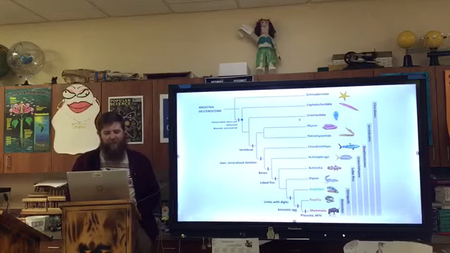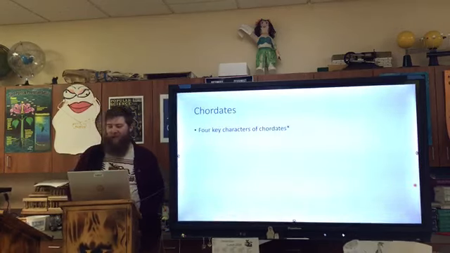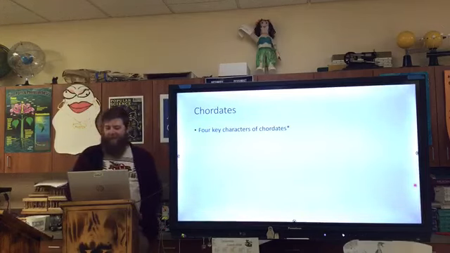All right, so here's your tree here. We're all the way down here at the bottom, Mammalia. Moving all the way back up, we have the Echinodermata out here. Our deuterostomes. We get all of our things that make us a chordate here. These guys are very closely related, and these are your true vertebrate species here. These guys aren't vertebrates, the Cephalochordata and the Urochordata. So all chordates have four things in common.